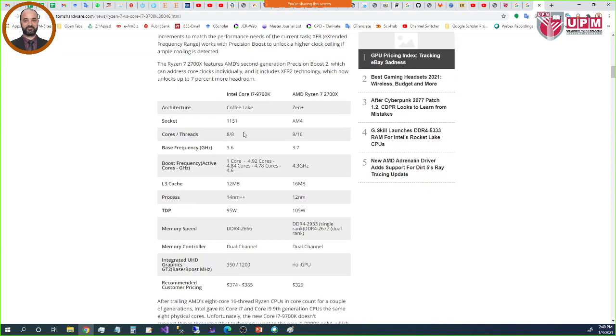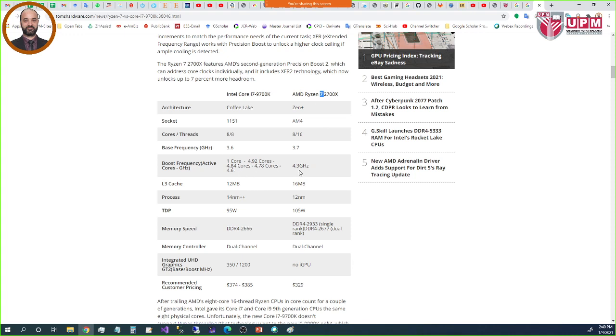Okay, yeah, like that. You can see here the architecture, the socket type, the cores. This one has 8 over 8, this one 8 over 16, 3.6, 3.7, and this is Core i7, and this is Ryzen 7, not Ryzen 9, sorry.